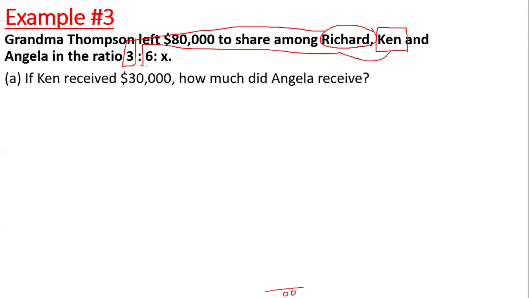And how many shares is for Angela? X. We don't know, right? So Angela, we need to find out. But they told us what Ken got, right? So if we know what Ken got, we could figure out what 1 equal part is.